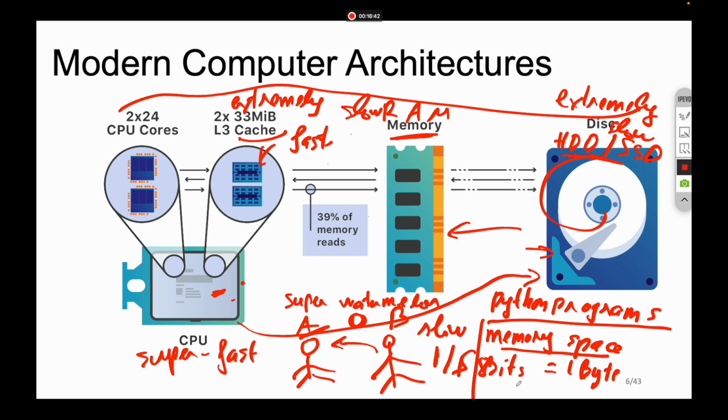Let me write it down here since I don't have enough space. So 1 kilobyte is equal to 1024 bytes.